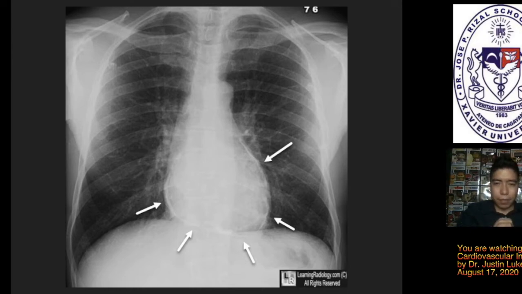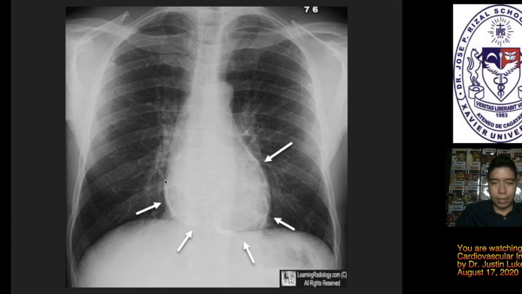Now, this is an example of a radiographic finding that is not a common disease, but when we see the finding, we know that it's the disease itself. It's not a common finding, but the radiographic features are pathognomonic of this disease entity. In this case, we have calcifications that are silhouetting the margins of the heart.